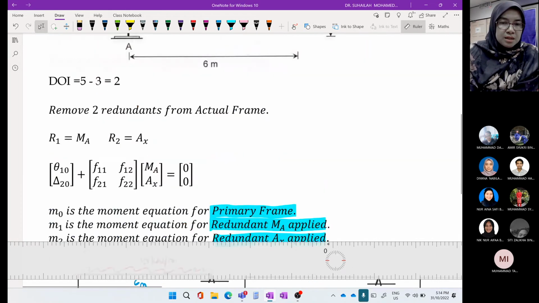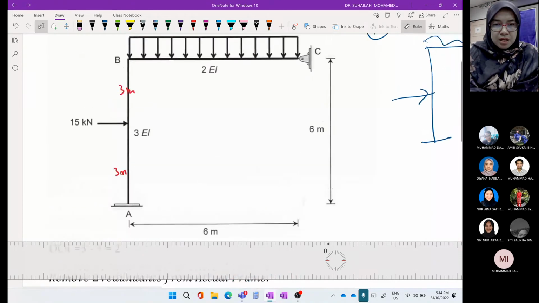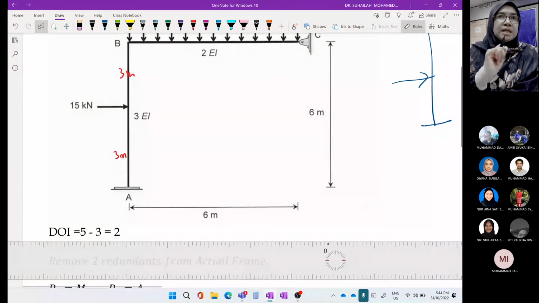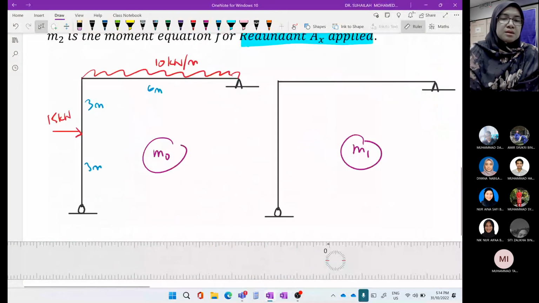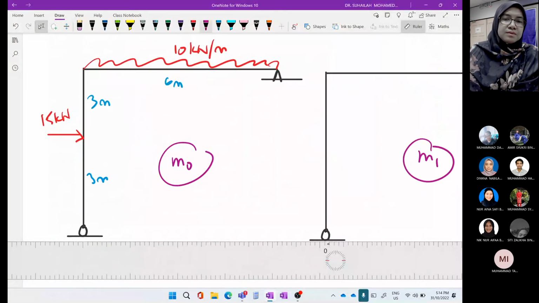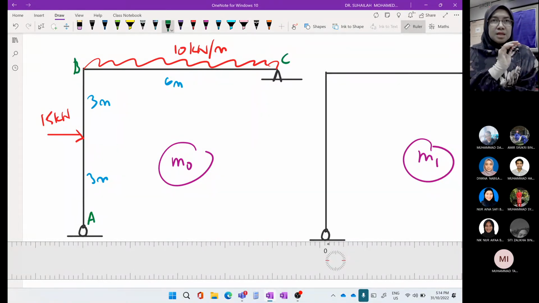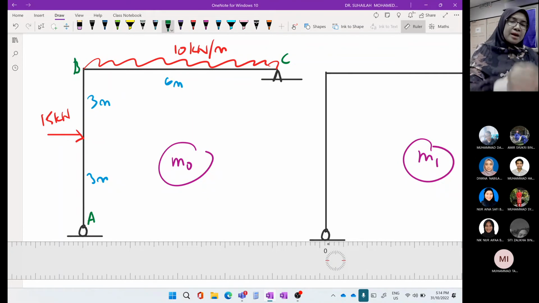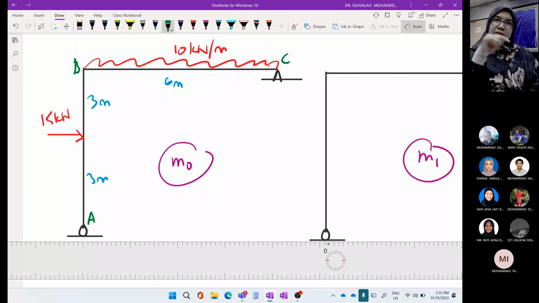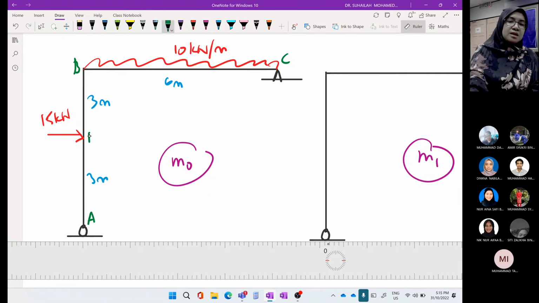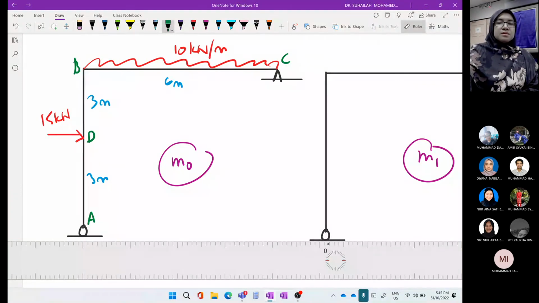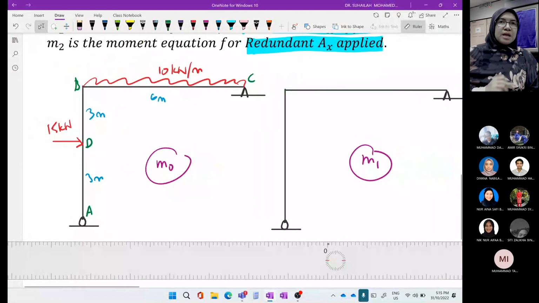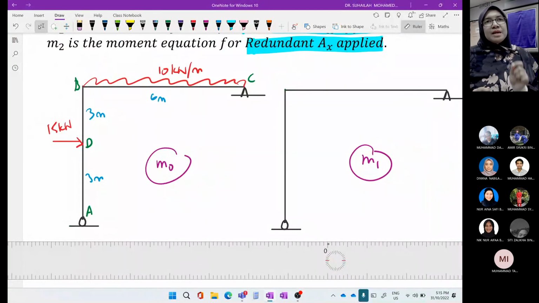Label A, B, C, and because of the 15 kilonewton we have to add another point, D. So this is the primary frame.